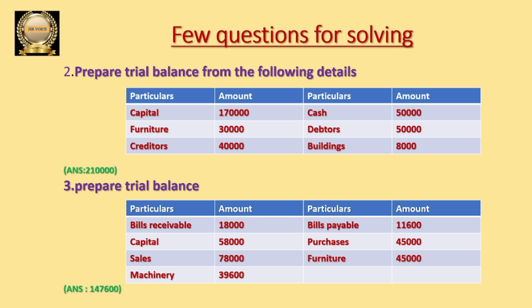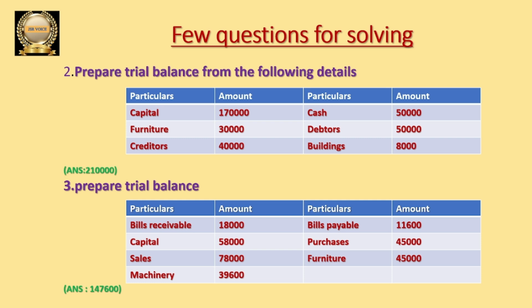If you have any doubts, you can mention them in the comment section. I will reply. And next one, third one, prepare trial balance. Again we have to prepare trial balance, and you have to draw the columns format first, and then see the question. I am reading the items. Bills receivable, capital, sales, machinery, bills payable, purchases, furniture.